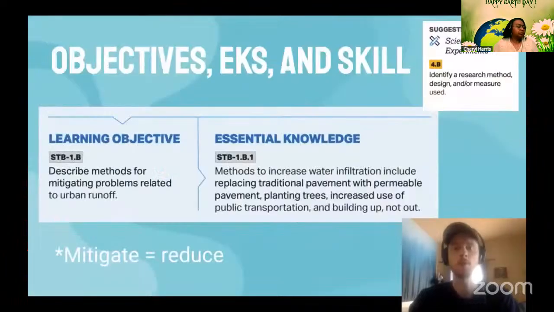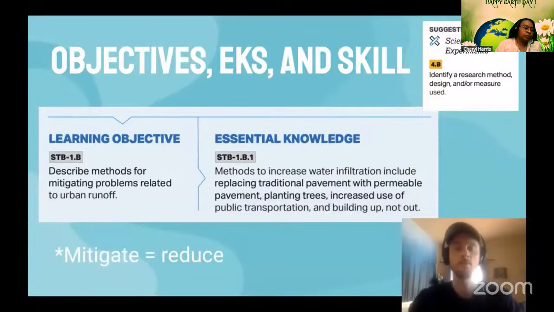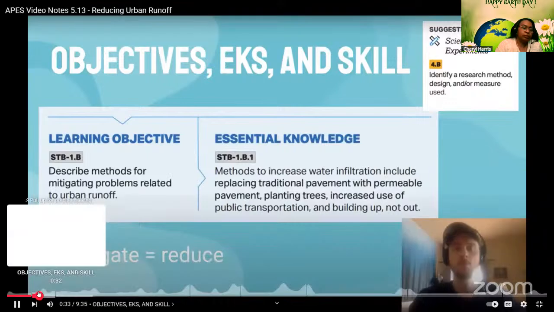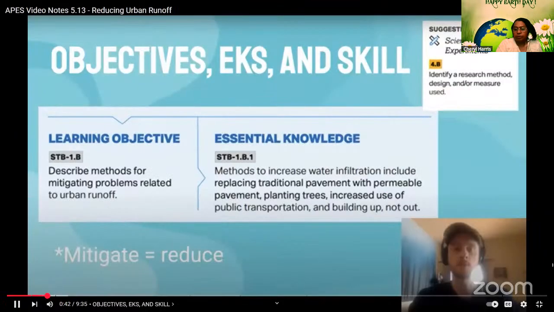Our objective today is to describe methods to mitigate urban runoff. Now, mitigate means to reduce. That's a really important APES vocab term we have to know. So we'll talk about solutions such as permeable pavement, planting trees in rain gardens, using public transportation, building up versus building out.